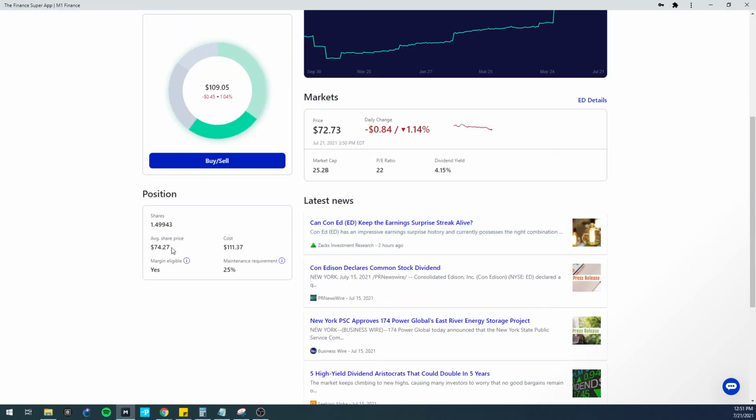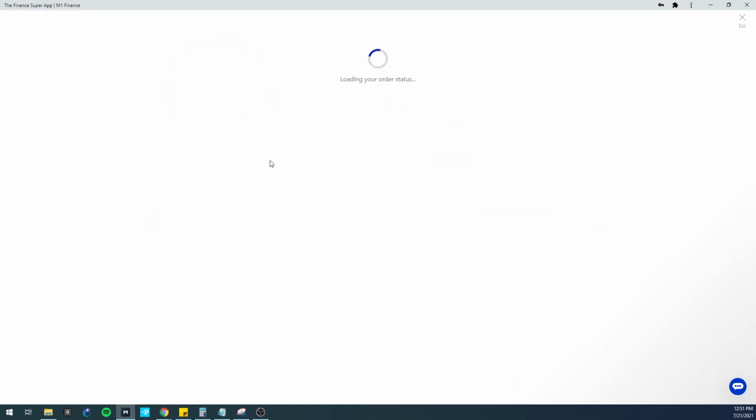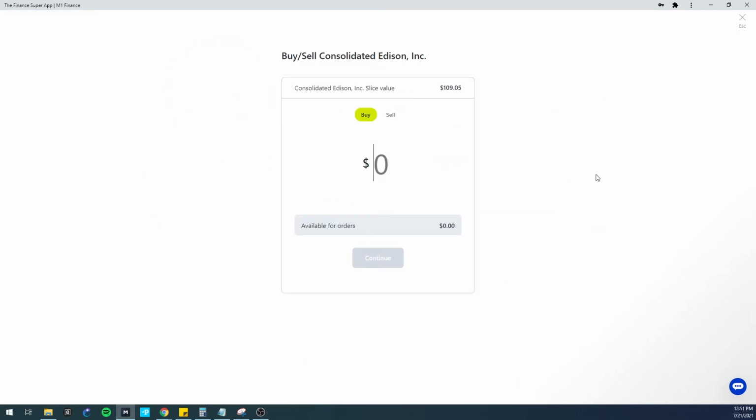And you can see here, my average share price is $74.27, but as of right now, it's trading at $72.73. So I'm lowering my cost basis. I click the buy and sell button. I put in the $1 that I don't have, and then I'll hit continue.